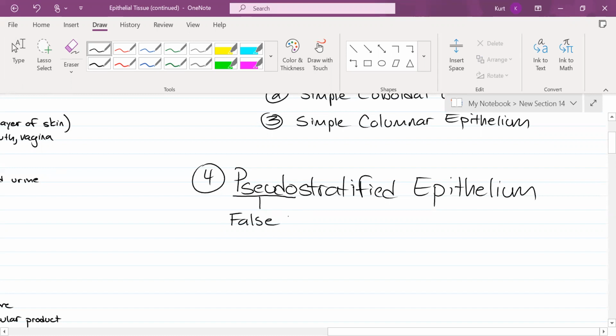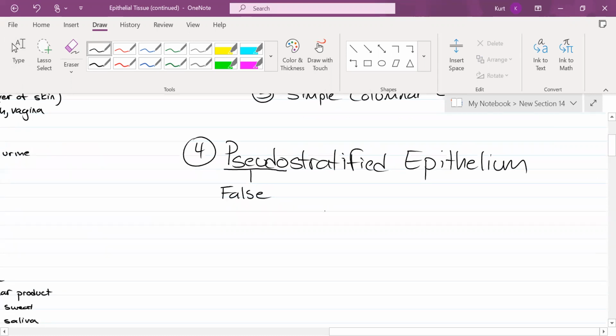This has the appearance of being multiple layered, which would indicate stratified, but it isn't. It is one layer. If you were to draw it, it would probably look a little something like this. It really closely resembles columnar.